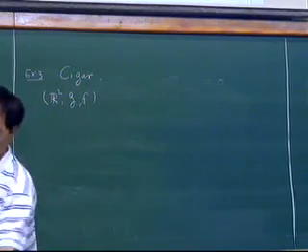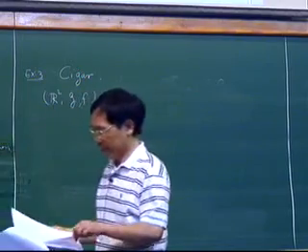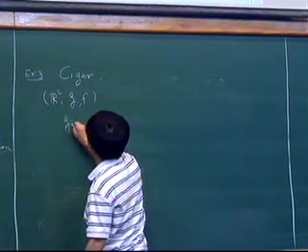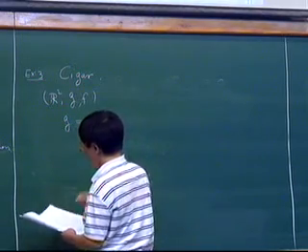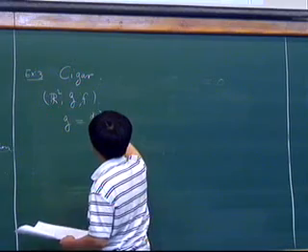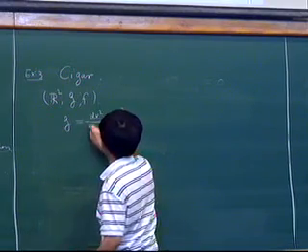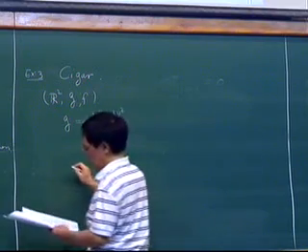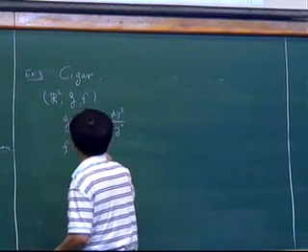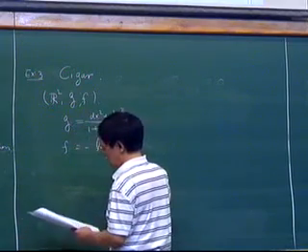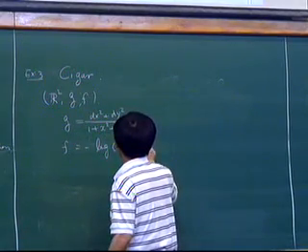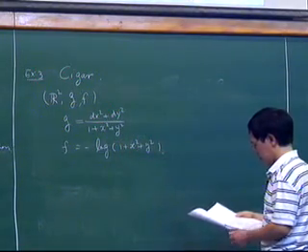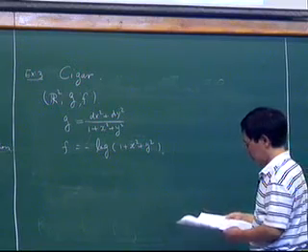The metric is g equals dx squared plus dy squared over 1 plus x squared plus y squared.